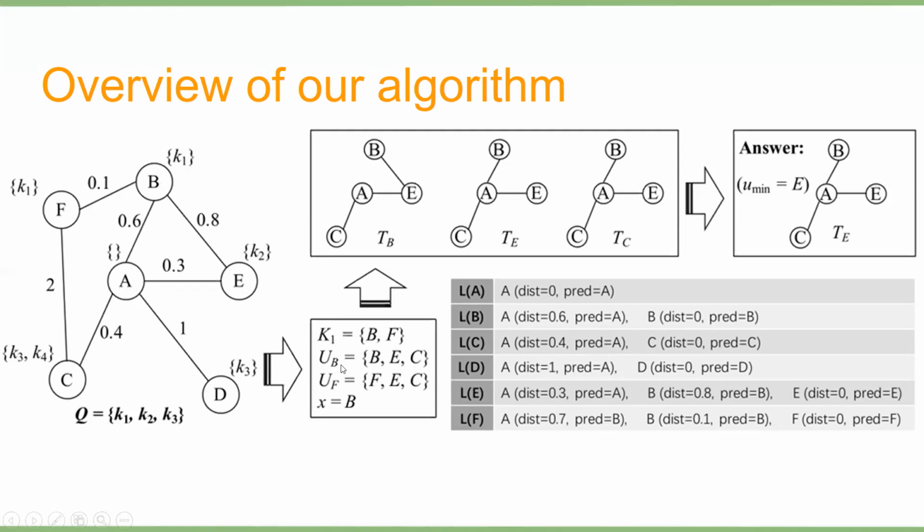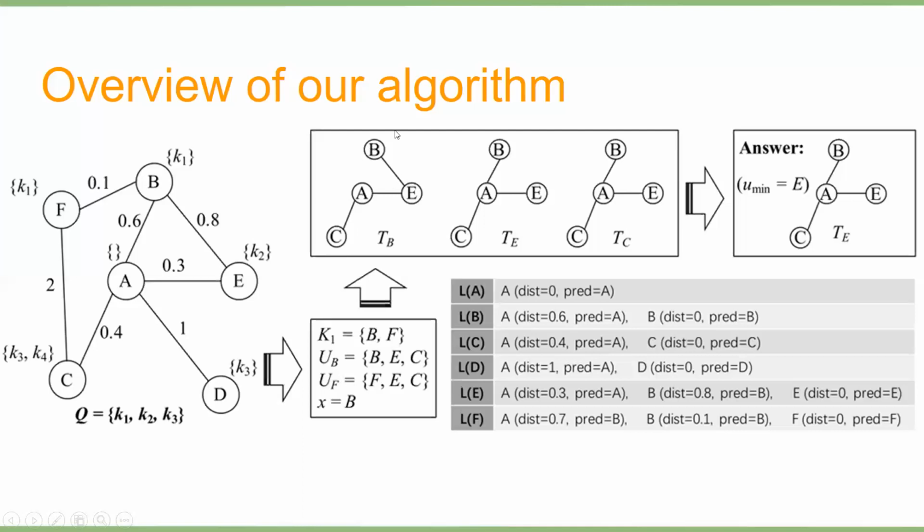In the second step, we enumerate all the vertices in the set and repeatedly choose the unchosen vertices in the set and add the shortest paths between the temporal answer tree and this node. For example, we choose B, then there are two candidates, C and E. We choose the shorter one, BE, and add it to the answer tree.